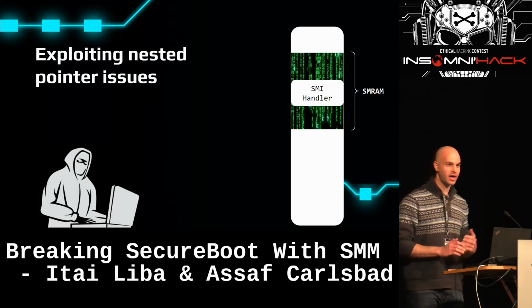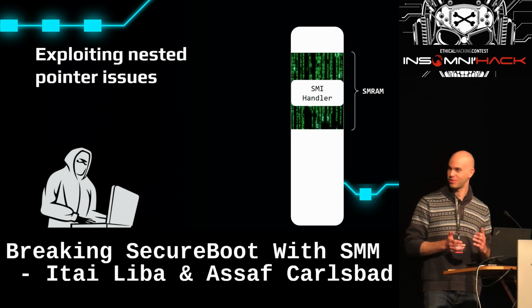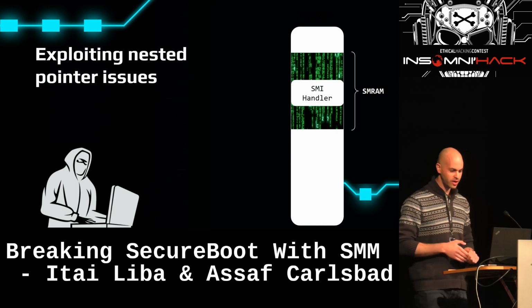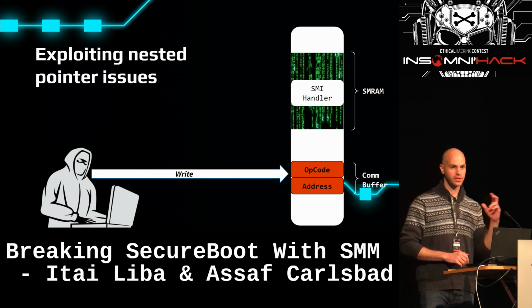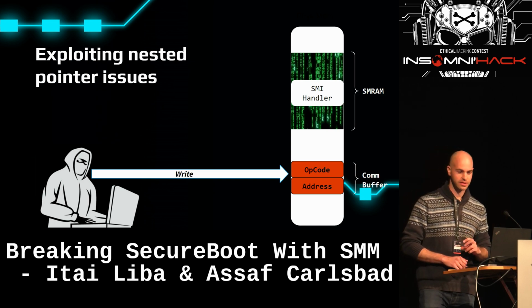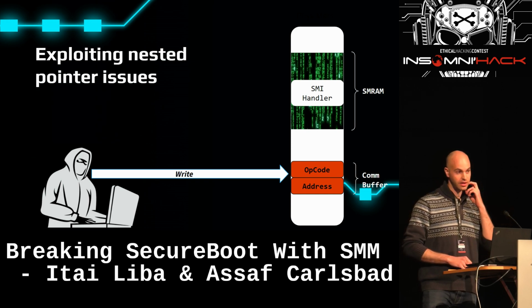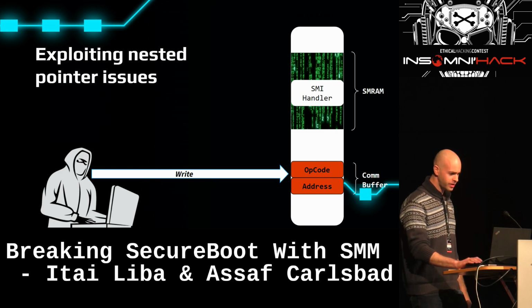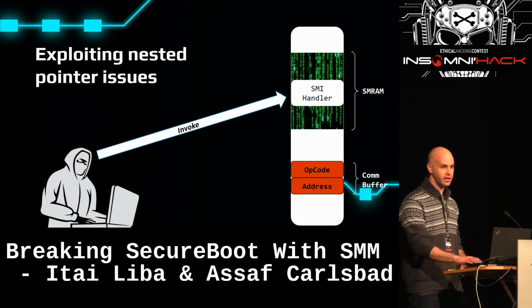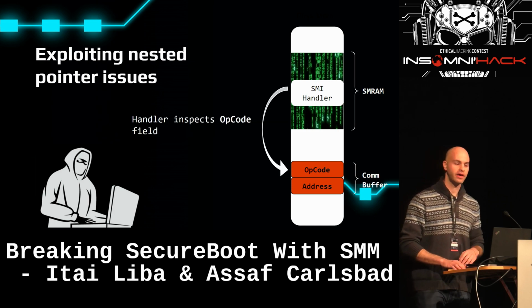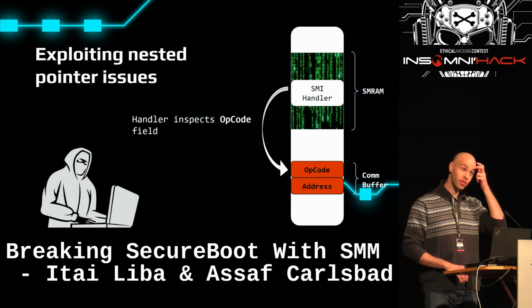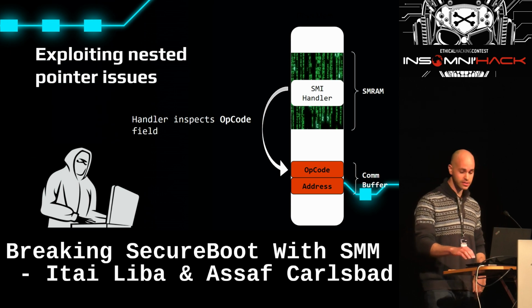So let's see how an attacker can exploit this handler. To exploit this, the attacker would first craft a communication buffer, which is comprised of these two fields, and then write the serialized COM buffer into a location accessible to him outside of SMRAM. Then the attacker will move on to trigger the vulnerable SMI handler. The SMI handler will then inspect the opcode field to determine what it should do next.